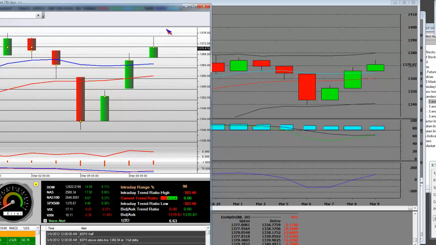People would have a limit order out to sell short into the higher levels. And some of those levels that we're going to be taking a look at in our system is going to be 1378 on the S&P. That's going to be our delta range for Monday now.